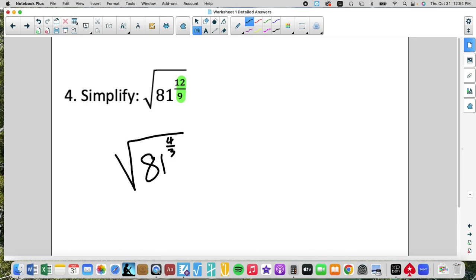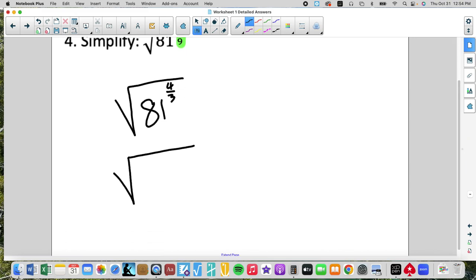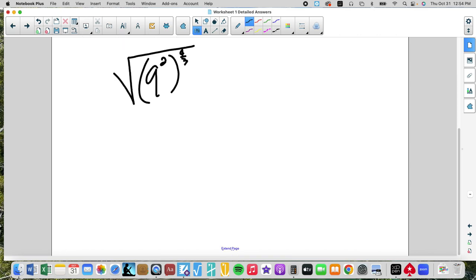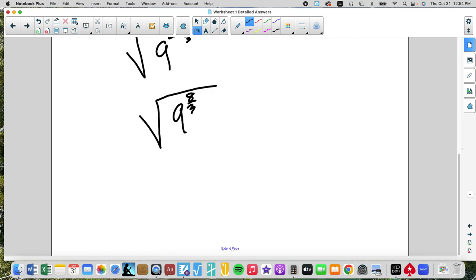Watch this, kids. I'm going to write 81 is 9 squared to the 4/3. And whenever we have a power of a power, do you know what we do with their exponents? We're going to multiply. So this becomes the square root of 9 to the 8/3.